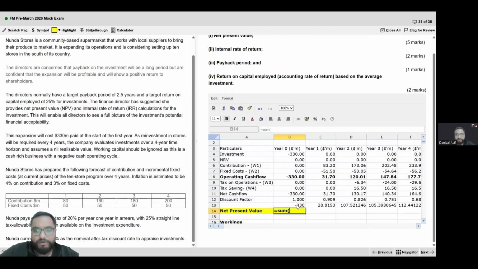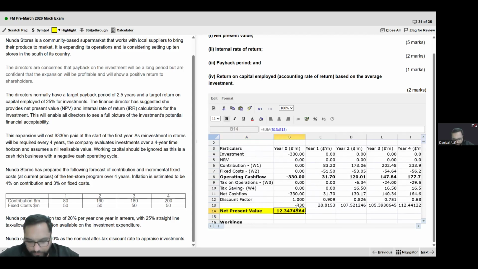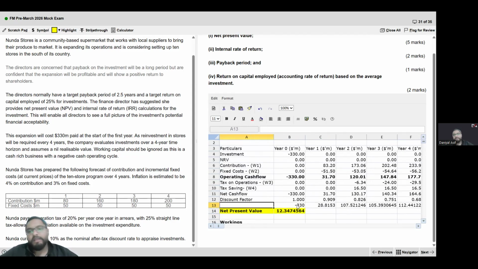Is equal to sum bracket open, bracket close. See, what you got is 12.34, 8.2, 107.52, 105.39, 112.44, and 11 point. Now, what you get here is 12.34.